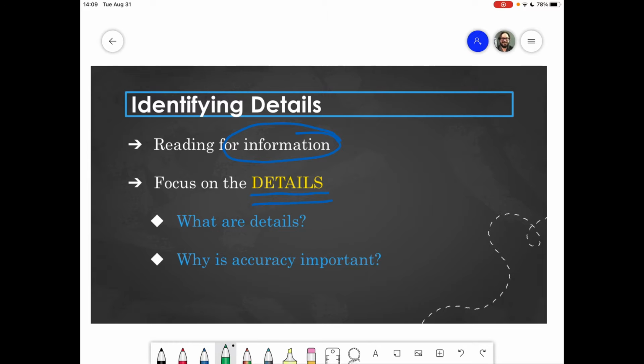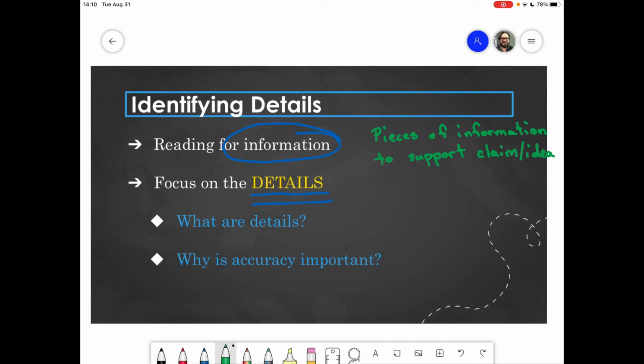Simply put, details are important pieces of information that we use to support a particular claim or idea.